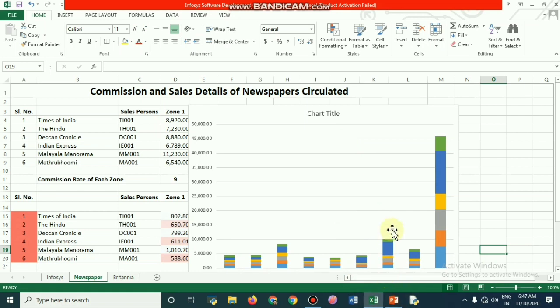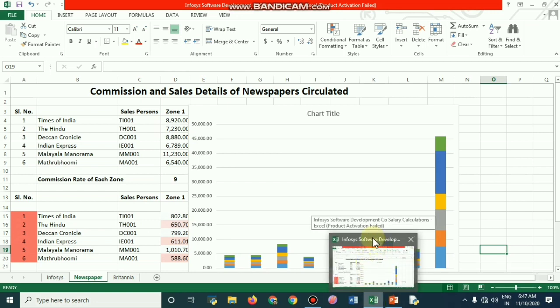You will be studying all these things in the higher classes, and you could develop your own skills by experimenting with the charts and the data.